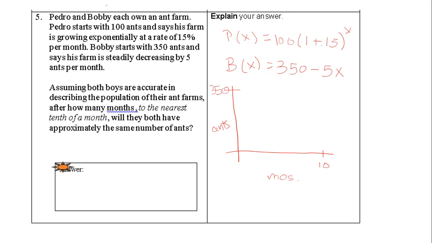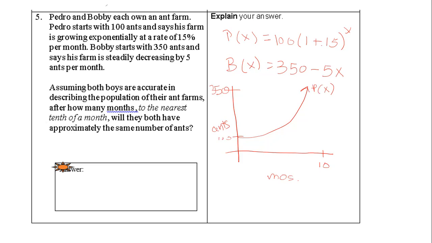So I'm going to put in my calculator y1 equals 100 times 1.15 raised to the x power. And I'm going to put into y2 350 minus 5x. So I'm going to find when I graph it after changing my window. Since Pedro is starting at 100 and growing exponentially, it's going to look something like that.